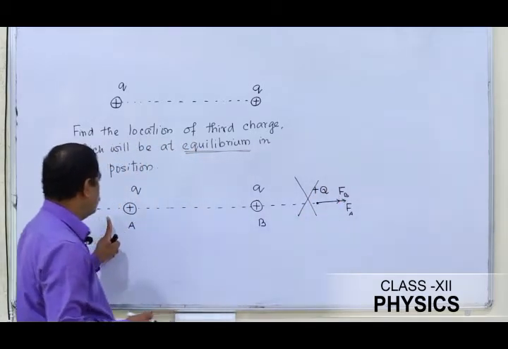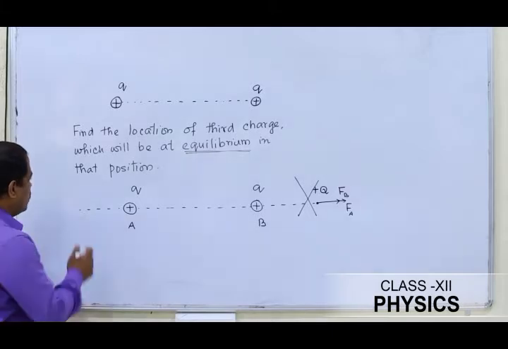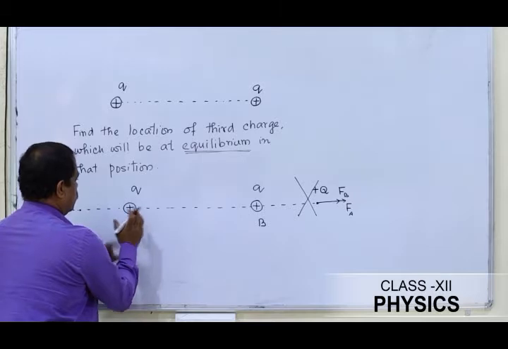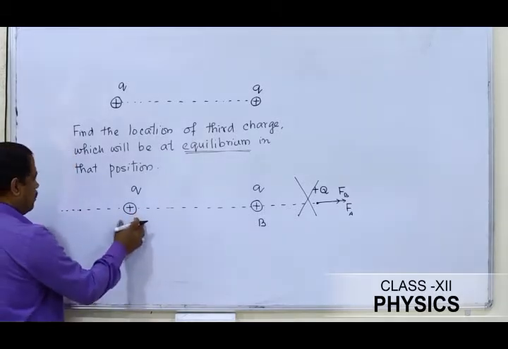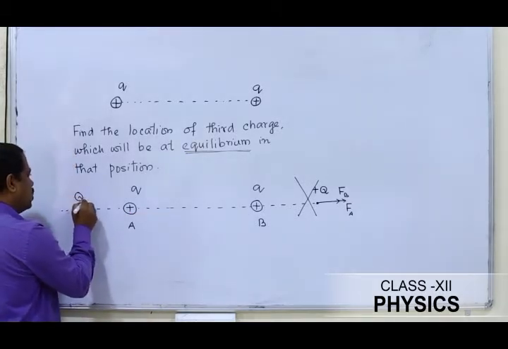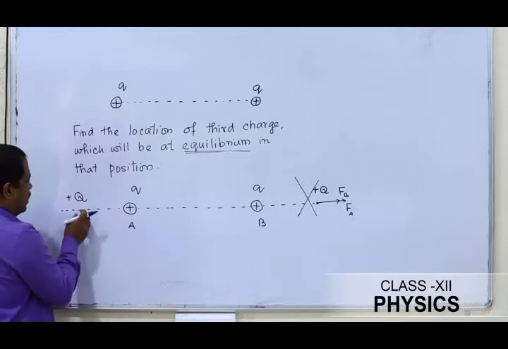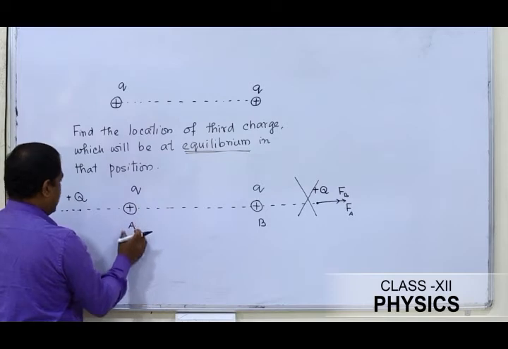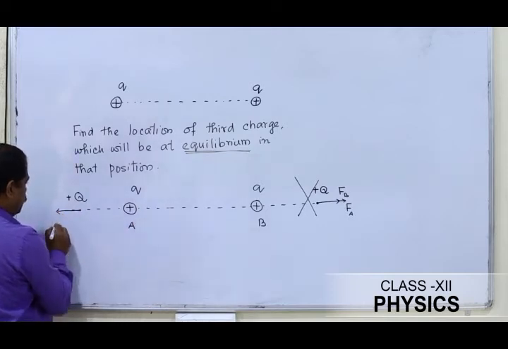Let us try to see a point here on the left side of point A. If I place the charge plus Q here, this plus Q charge will experience a repulsive force due to the charge at A, and therefore this is the force Fa.